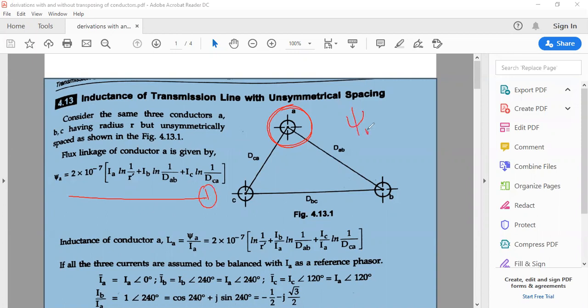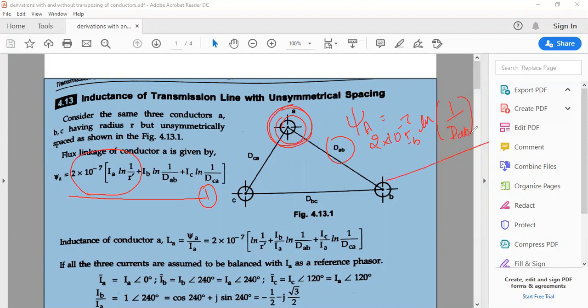Phi A is the flux linkage. Now 2 into 10 power minus 7 is common, and due to current IA, this is the first term that you get. Next you have again 2 into 10 power minus 7 times IB, and ln of 1 divided by DAB.